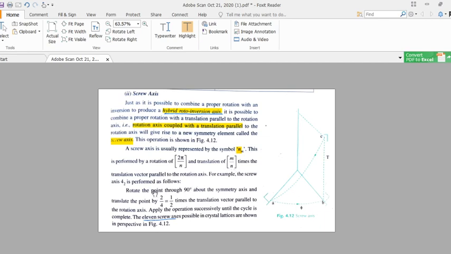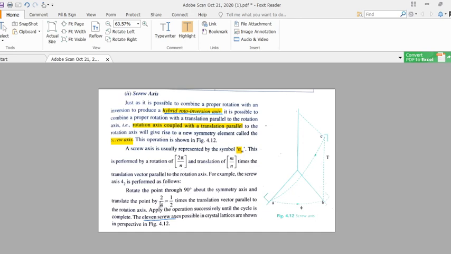So let us say we have 90 degrees. To get 90 degrees, 360 divided by what should I take? It will give me 90, so the answer n is equal to 4. So I am writing here 4.